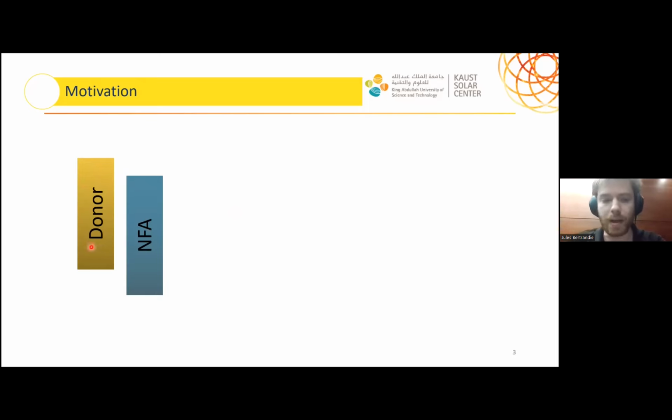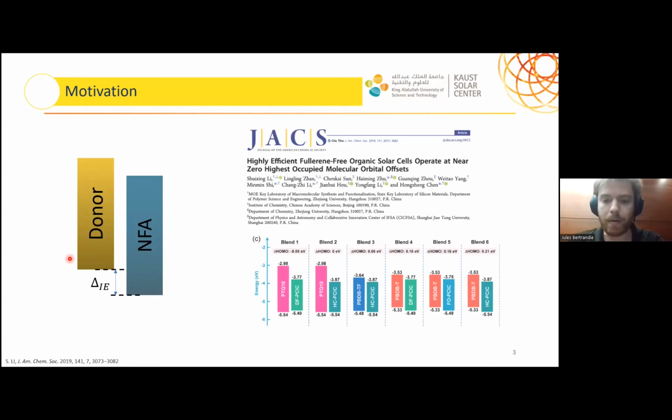So most of the studies are focused on this IE offset. Several papers have shown that this offset can be negligible, which means that we can have similar HOMOs for the donor and our NFA, and it will not affect our charge generation.